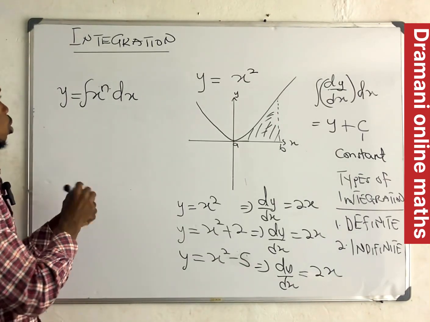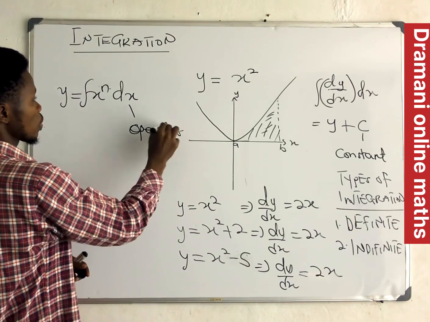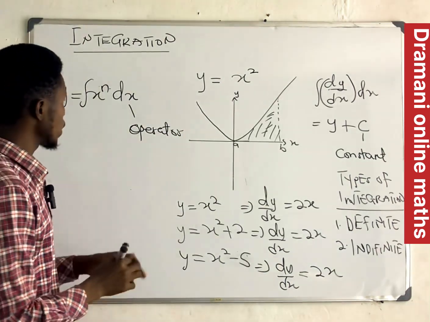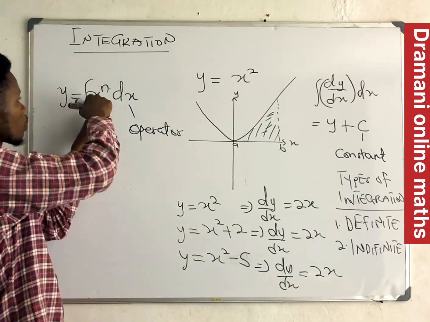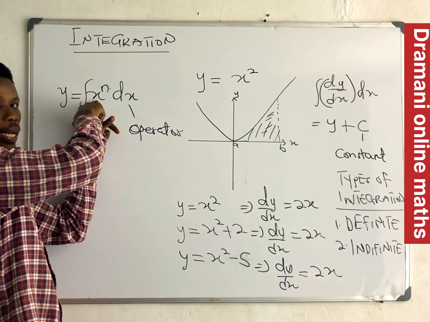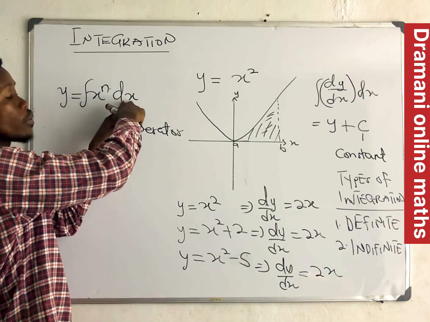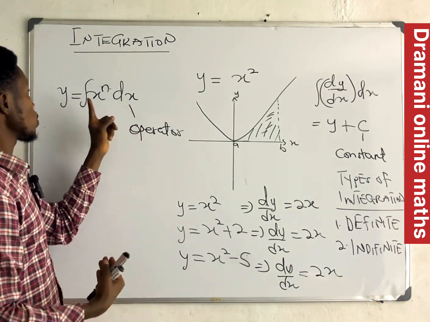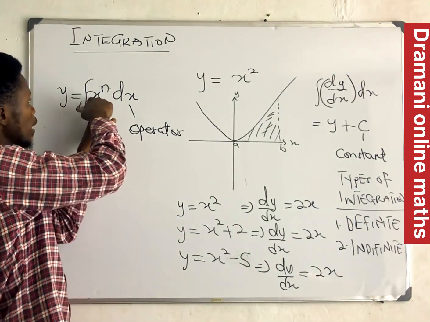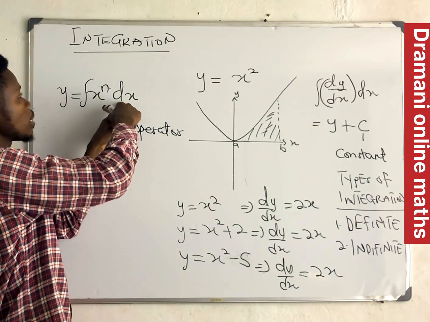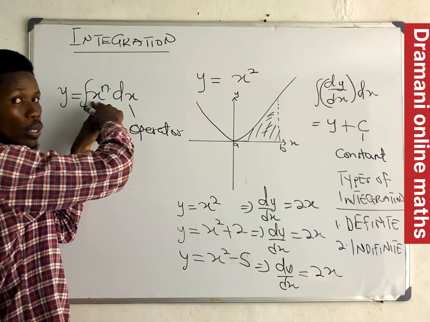This dx is called the operator. This operator works with whatever variable is here. So if the variable here is z, then here becomes dz. If the variable here is v, then here becomes dv. So the operator works with the variable here. In any case, if here is x and here is v, then you will treat whatever is here as a constant. Is that okay?